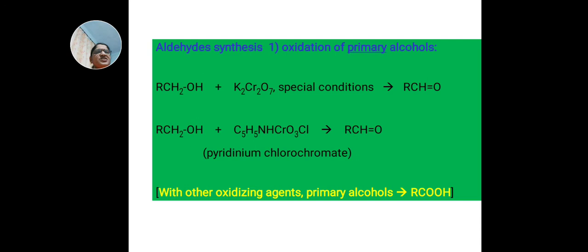In special condition, it gives RCHO, that is aldehyde. Again another general reaction, RCH2OH plus pyridinium chlorochromate, gives again aldehyde. Then with other oxidizing agents, instead of aldehyde, it gives primary alcohol and carboxylic acid.